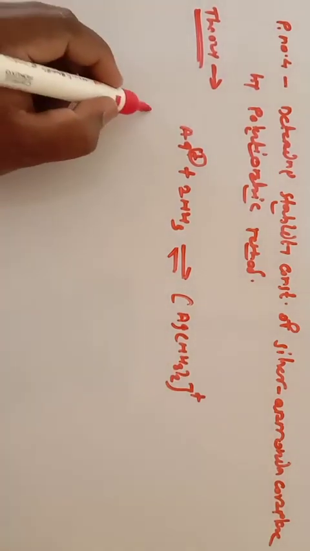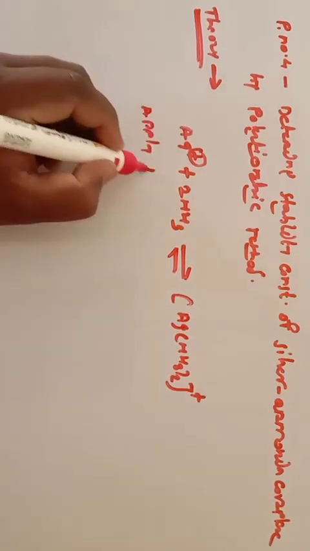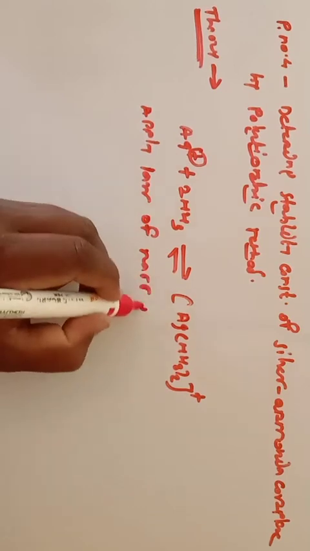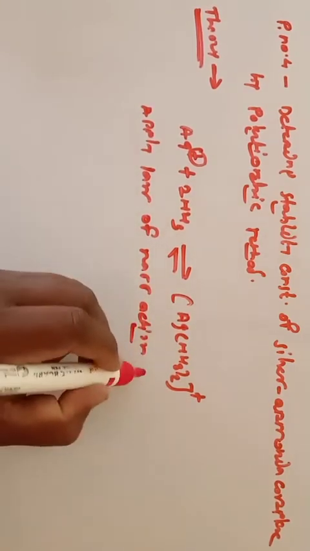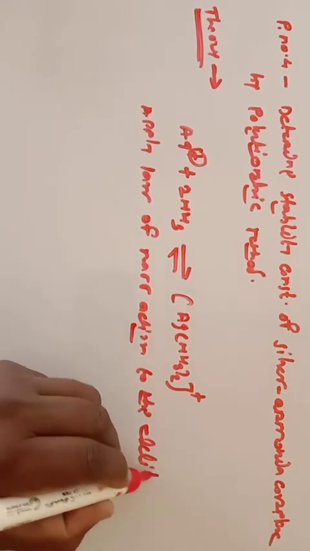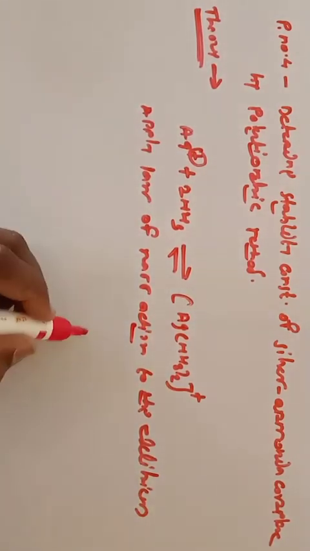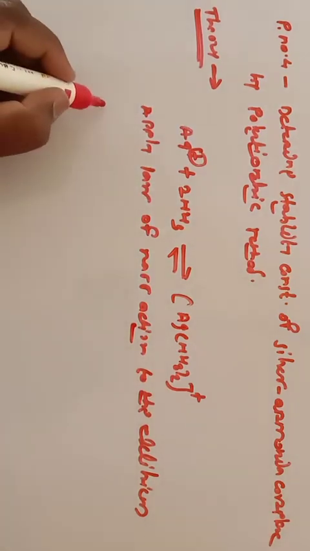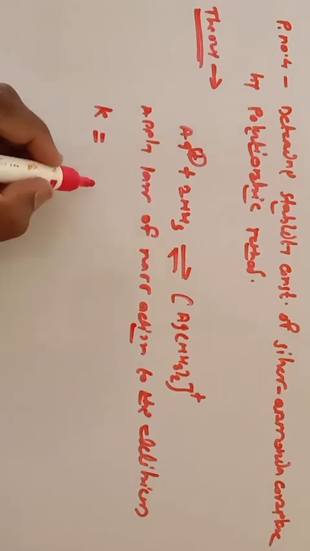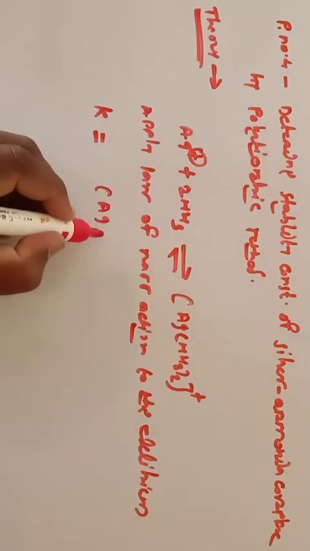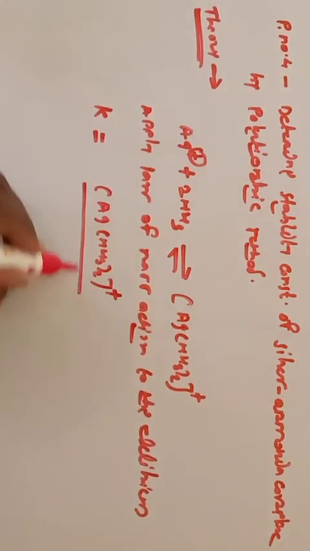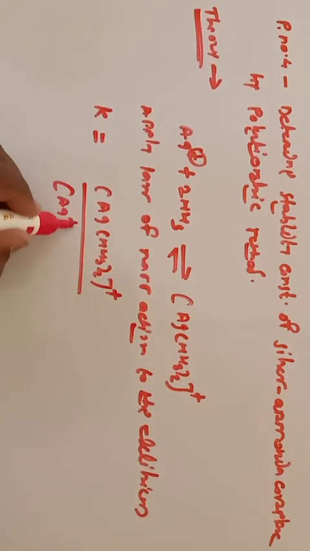And if you apply the law of mass action to this equilibrium, then the stability constant, that is denoted by symbol K, we can write as the concentration of product divided by the concentration of reactant.